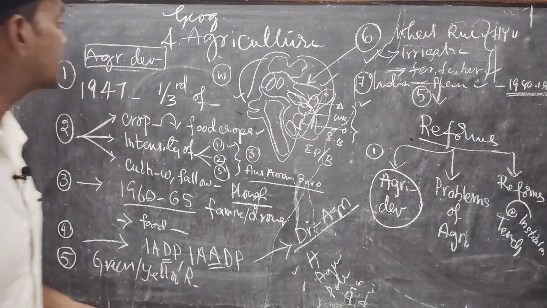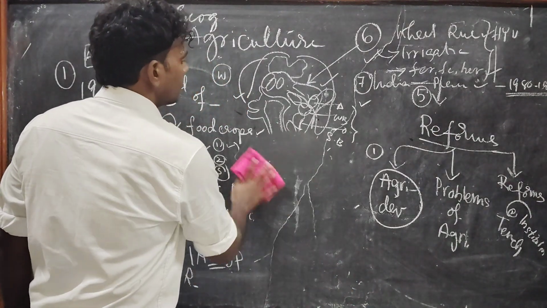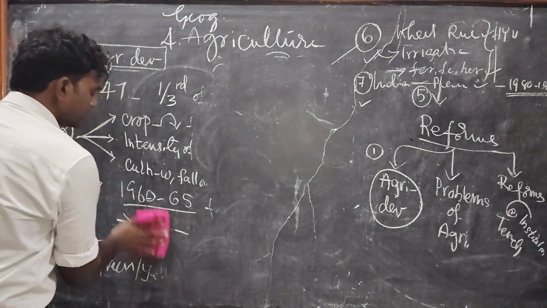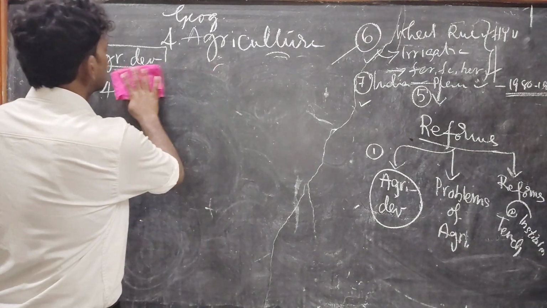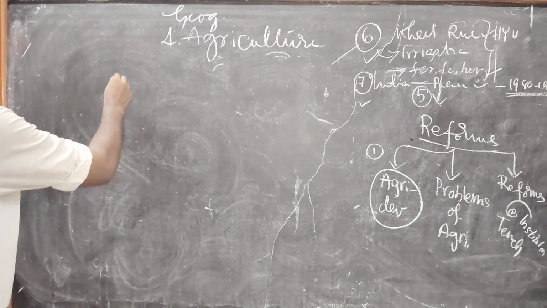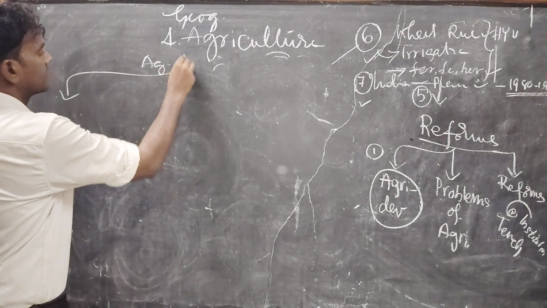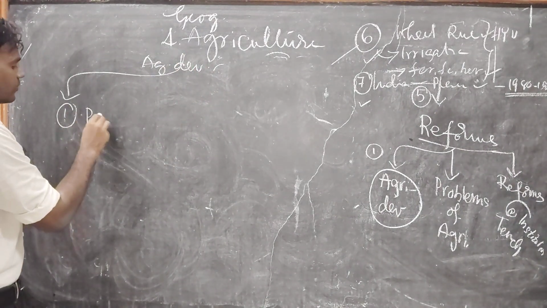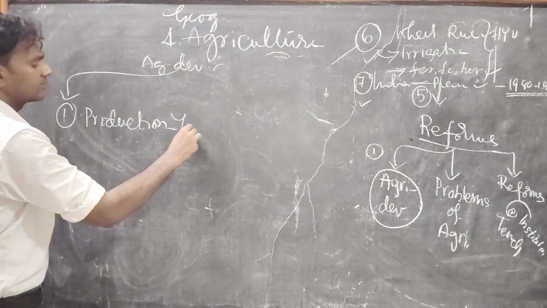It is about agriculture development. But through this development, we have achieved two good things as well as two bad things. What are those? First good thing, agriculture development: production or yield is increased.